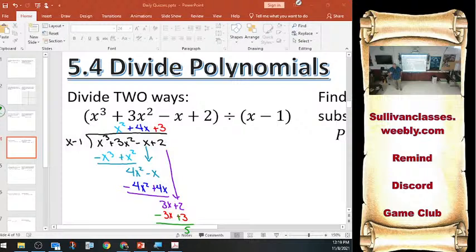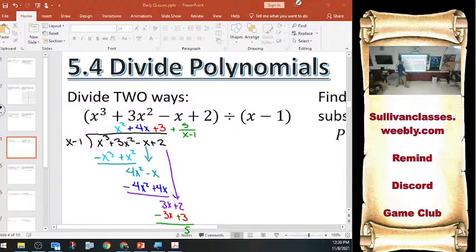Okay, remainder over divisor is how we've always done it. Like, back in the day, you would say R5. We're talking like 3rd grade. And then they showed you the fraction. Okay, pretty easy. I just put plus 5 over x minus 1 right there.